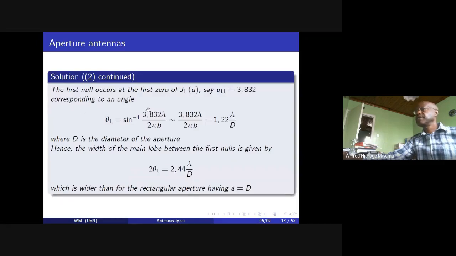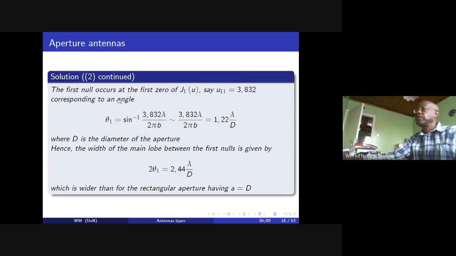So the first nulls will occur at the first zero of the J1, say u11 of about 3.832. If you recall the tables like I gave before when we were looking at the circular waveguides, we had the roots of the Bessel function of the first kind and their derivatives as well. We showed where the roots would be.